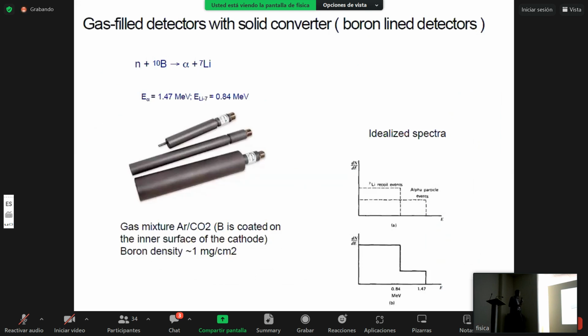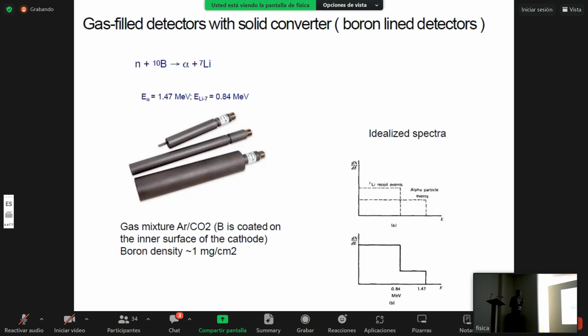The second way of using boron in proportional counters is not to distribute it directly in the material or in the gas, like in boron trifluoride detectors.